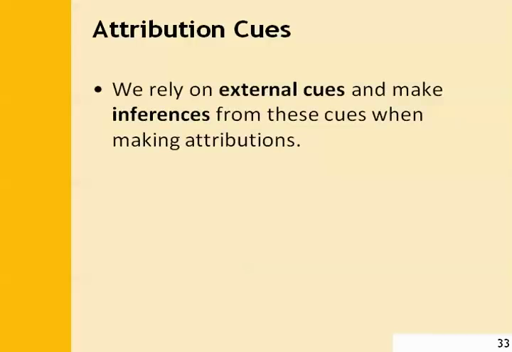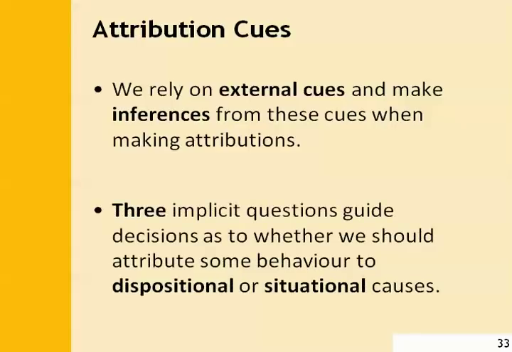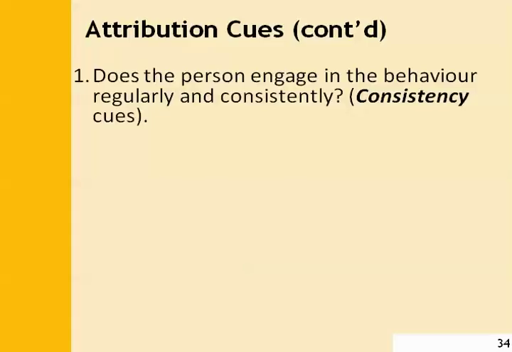We rely on external cues and make inferences from these cues when making attributions. 3 implicit questions guide decisions as to whether we should attribute some behavior to dispositional or situational causes. ال attribution cues أول حاجة فيهم أول سؤال بنسأله لنفسنا. Does the person engage in the behavior regularly and consistently؟ ودي بنسميها ال consistency cues.